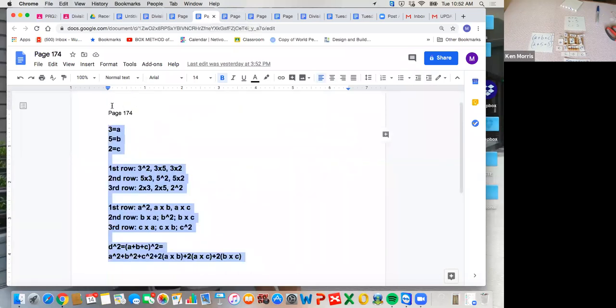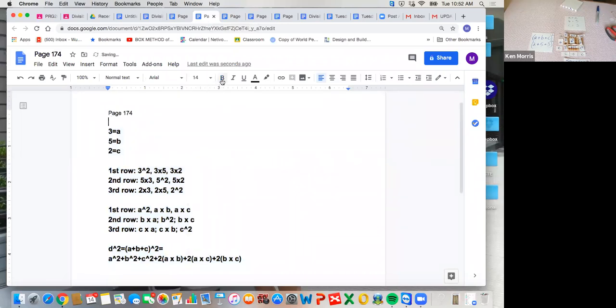Okay, so we are squaring the trinomial with letters. We're letting a equal 3. Oh, I'm sorry, these are a little different.